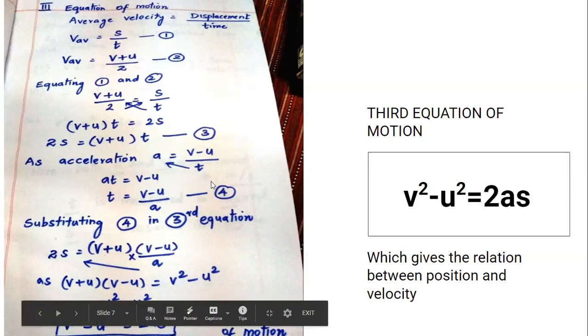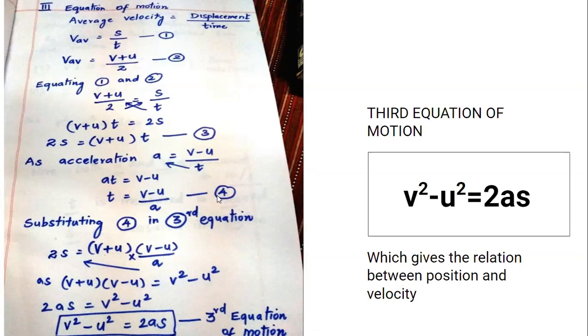So 2S is equal to V plus U into V minus U by A. Now we are cross multiplying that. So 2AS is equal to V square minus U square, right?